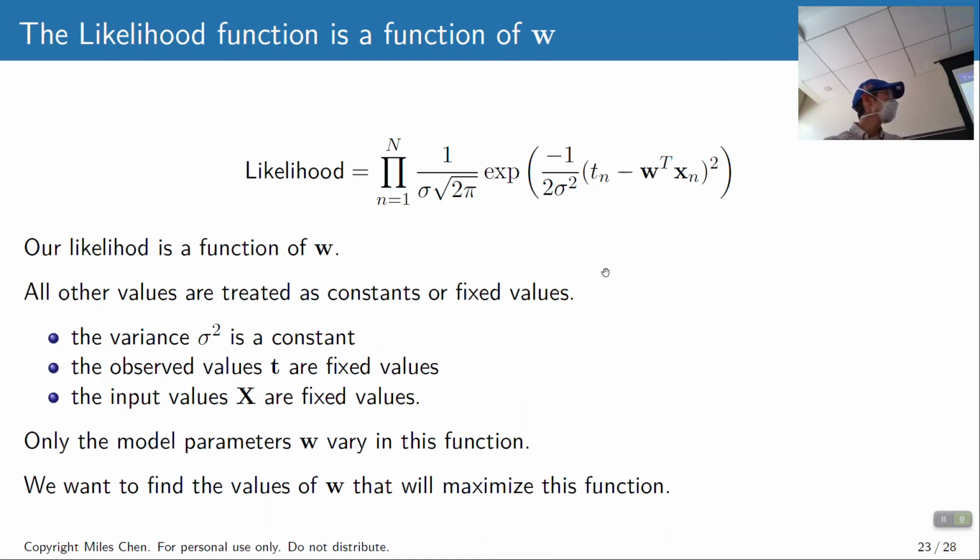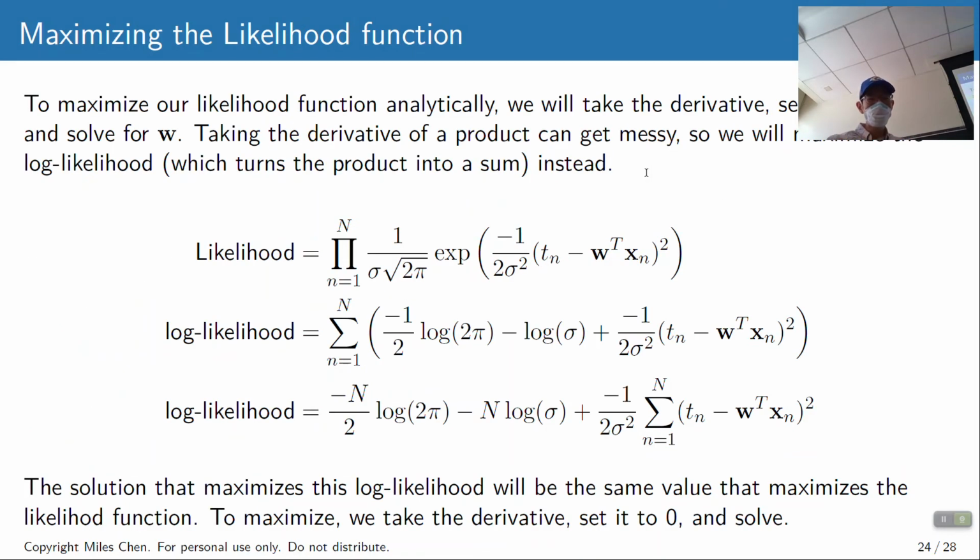Right? And maybe that's the part that feels most uncomfortable, that we're treating our x values as fixed. The only thing that's varying is the w. It's a function of w. So again, trying to solve this analytically, we would have to take the derivative, set it equal to 0, and solve for the w where the derivative is equal to 0.